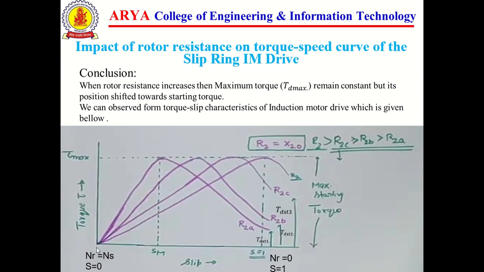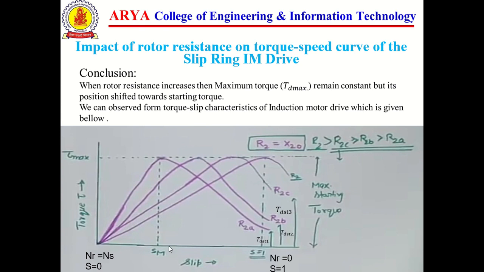Here, when the motor is running at slip equal to 0, the rotor speed equals synchronous speed. So the value of torque is minimum, but this value is not practical. Here the torque has some value.